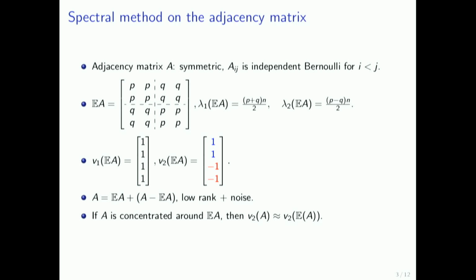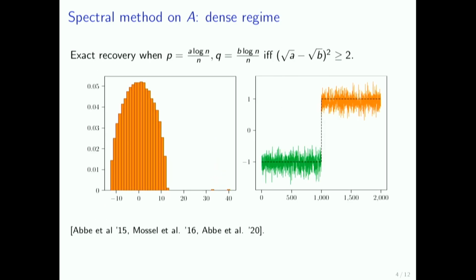But you can even get a more refined statement. For example, in the logarithmic regime, if the connecting probabilities are a log n over n and b log n over n, then we have a precise understanding of when this spectral algorithm on the adjacency matrix works. Above the threshold, you will see nice random matrix behavior, where the bulk of the eigenvalues follows a semicircle law, and there are 2 outliers coming from the adjacency matrix.